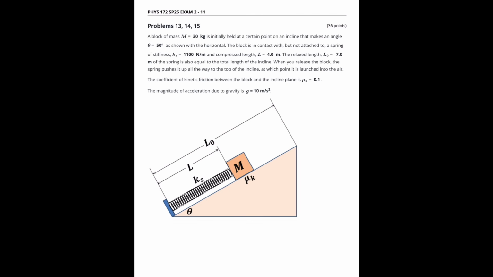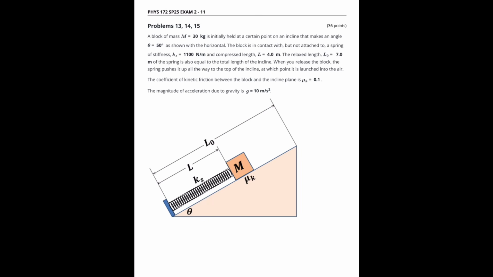Problems 13, 14, and 15 state, a block of mass 30 kg is initially held at a certain point on an incline that makes an angle theta equal to 50 degrees, as shown, with the horizontal. The block is in contact with, but not attached to, a spring of stiffness Ks equal to 1,100 newtons per meter, and compressed length L equal to 4.0 meters.